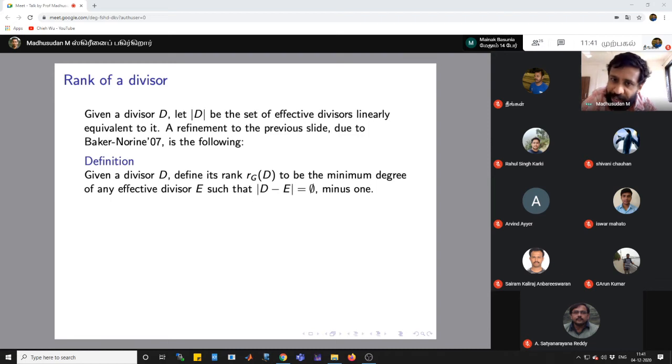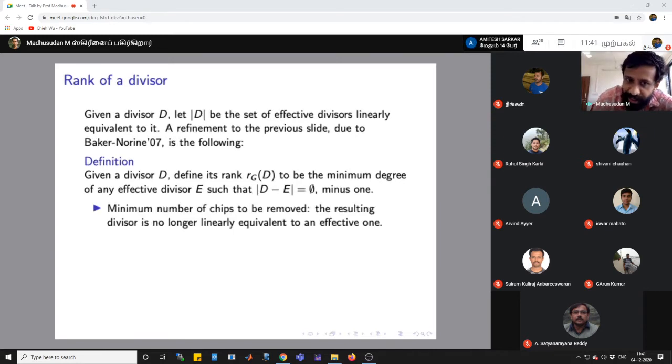So what you are asking here is: given a divisor D, what is the least number of chips I need to remove so that after that you cannot transform it into an effective divisor via a sequence of chip firings? You're quantifying the question we asked, seeing to what extent it can be transformed into an effective divisor. So it's an actual quantity, even in a physical sense.